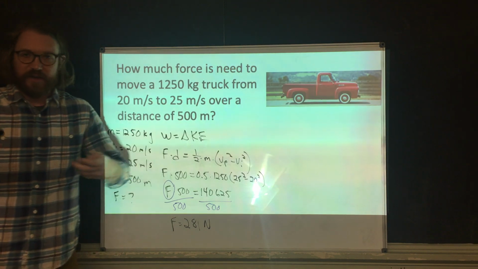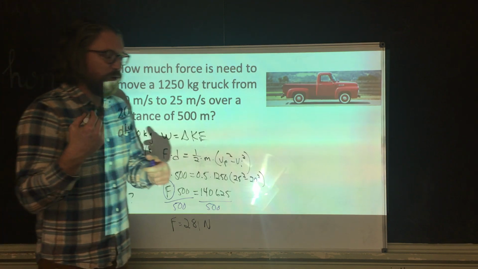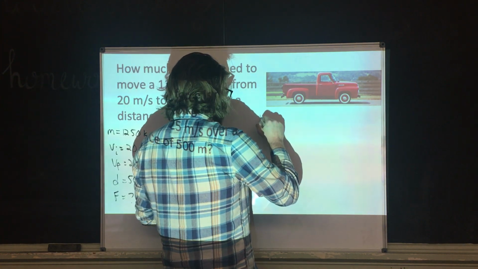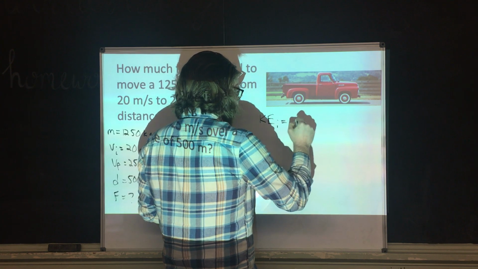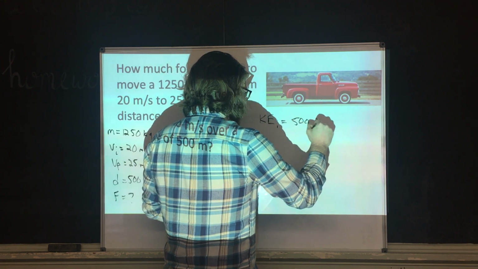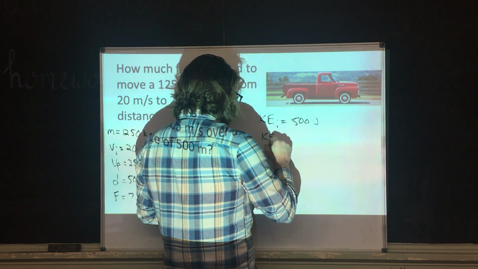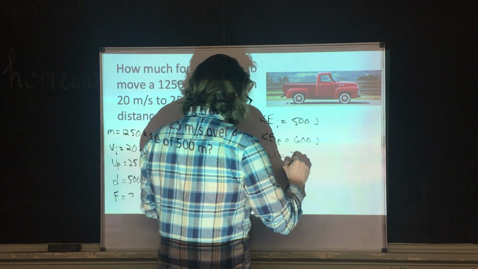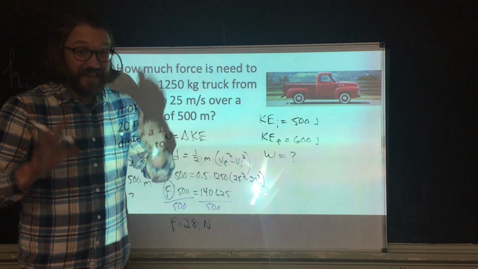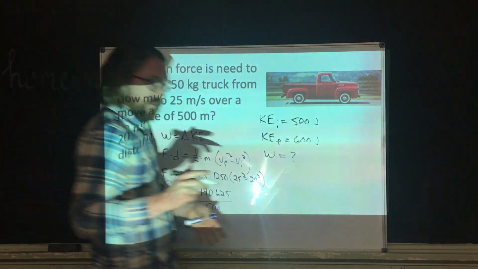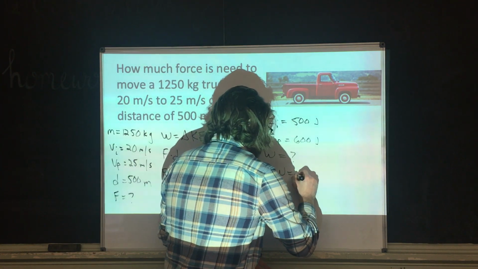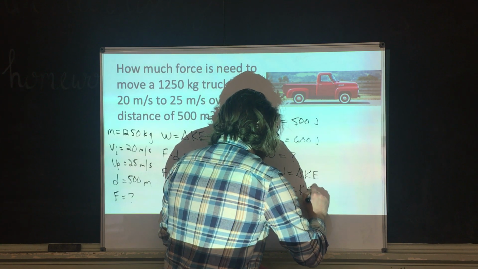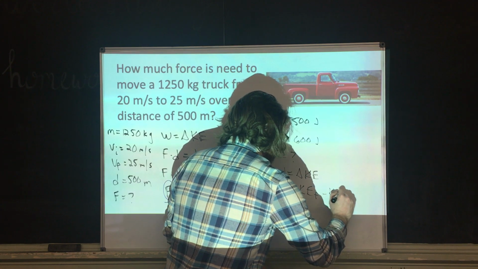Okay? Now, you may see questions that are easier than they look. If a question gives you two kinetic energies, if it says that you have an initial kinetic energy of 500 joules and a final kinetic energy of 600 joules, and it wants to know the work done, okay? This is easier than it looks. I didn't do a problem like this because look, work equals a change in kinetic energy, which is really the final kinetic energy minus the initial kinetic energy.